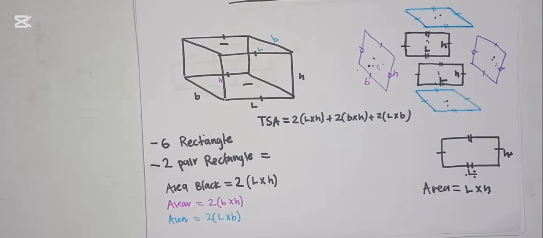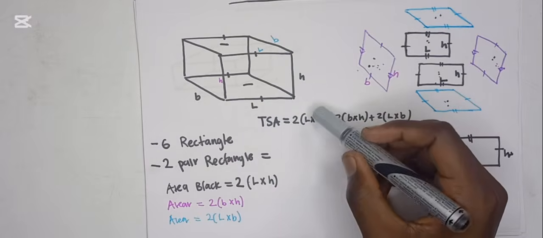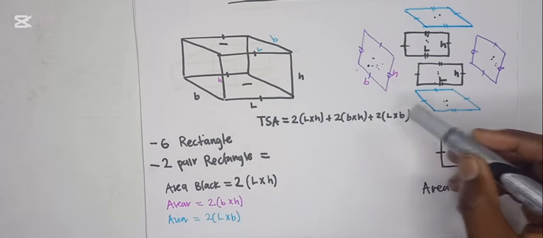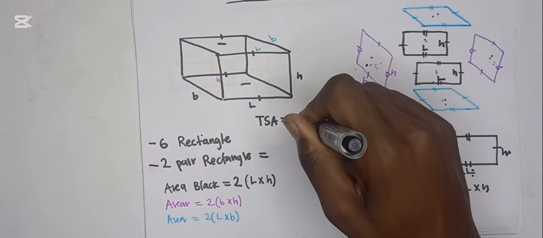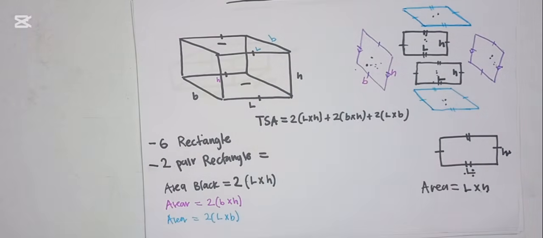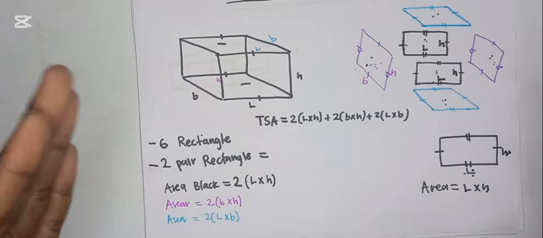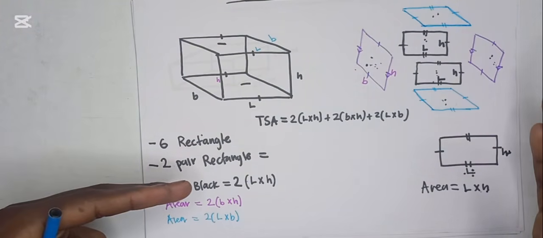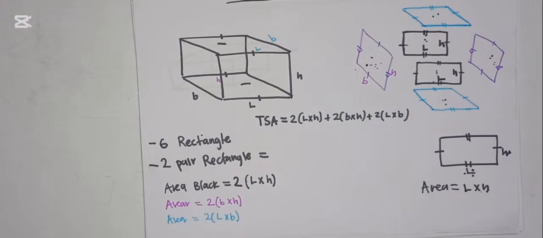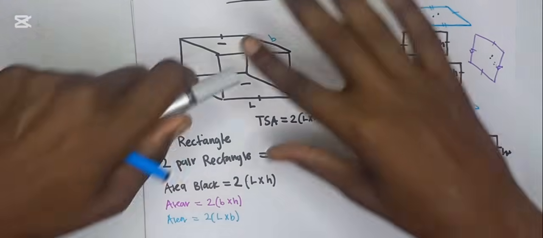Hence, if you pay close attention to the formula, it is the length and breadth and height, length and breadth, demonstrating that these three are different. So the rectangular prism has 6 rectangles and 2 pairs of them are equal. Perfect. So I'm going to do one more example to demonstrate this.